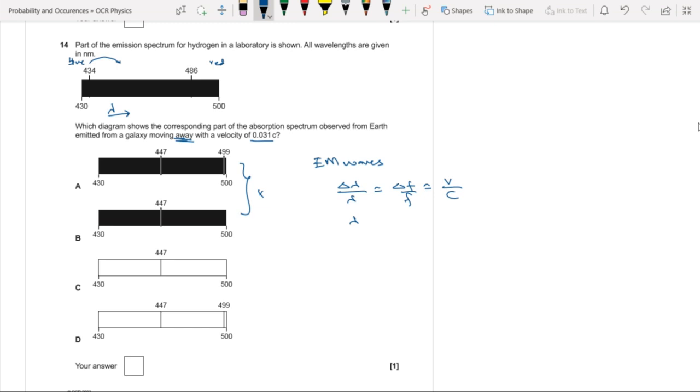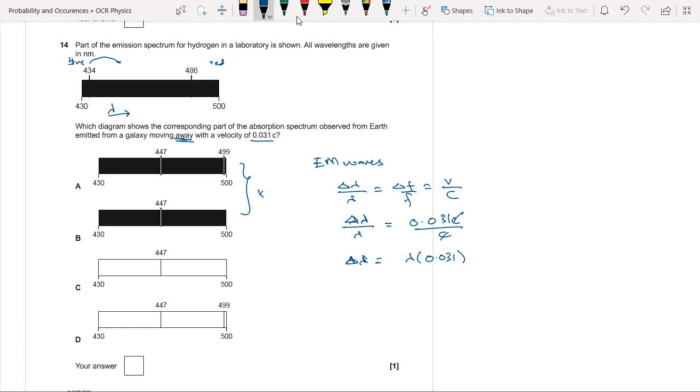So we can use this equation. Delta lambda over lambda is equal to 0.031 c over c. So the change in wavelength is equal to lambda times 0.031.